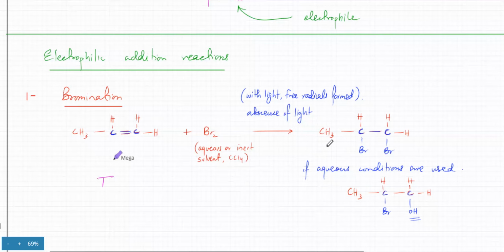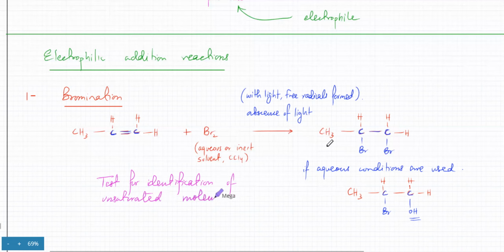So this was used as a test for identification of unsaturated hydrocarbons. Not hydrocarbons, anything that is unsaturated. Any molecule that has a carbon-carbon double bond. Red brown bromine, or orange, also referred to as red brown bromine, is decolorized.